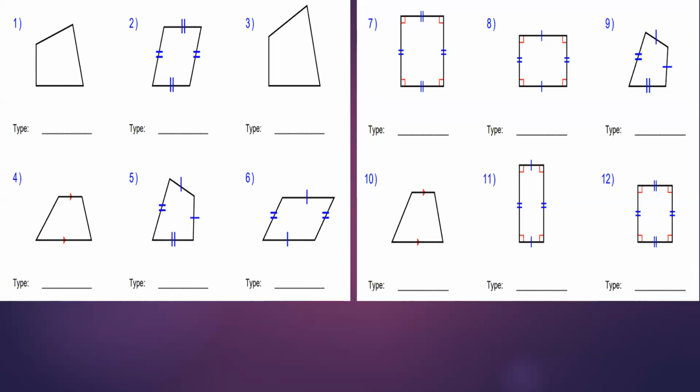Lanai, what number are you on? I said I got stuck on number 1 for D. Number 1D.